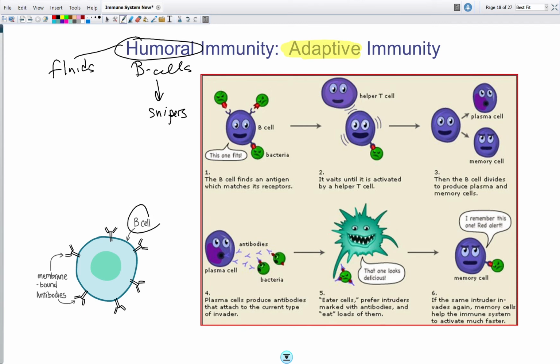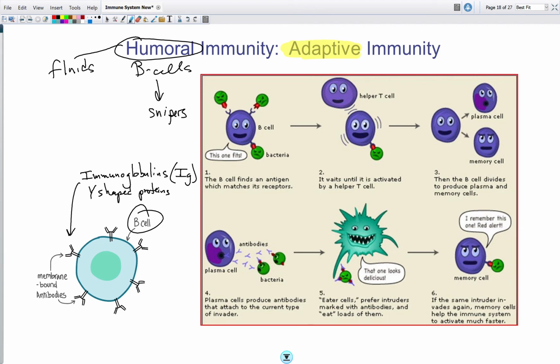And the B cells use very special bullets called antibodies or immunoglobulins. And these immunoglobulins, or IGs, are Y-shaped proteins. They are single-use proteins. They make tremendous amounts of them, they shoot them and use them to stop antigens.